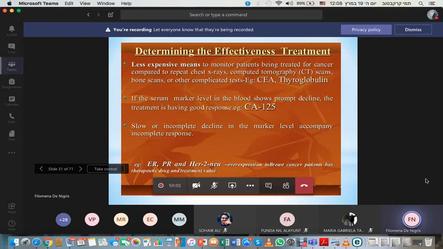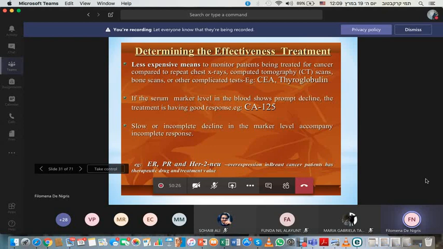CA 125 is a good indication, as I told before, for ovarian cancer, serum level. Also, a combination, for example, of ER, PR hormones is a good indication for breast cancer.